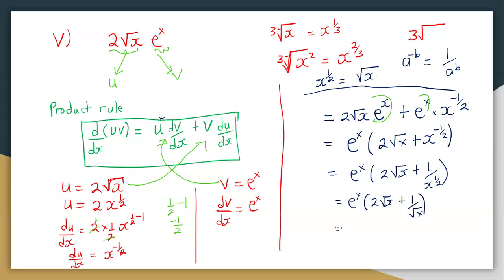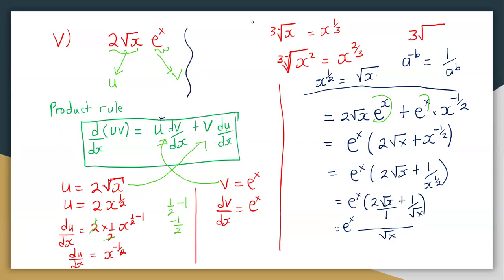Now this one, you can easily simplify it further if you want. Because this will be e^x, then everything can be over root of x. So if I take my LCM as root of x here, you know there is a 1. So 1 times root of x, I'll get root of x. Now when I get root x times root x, let me do some side work here.